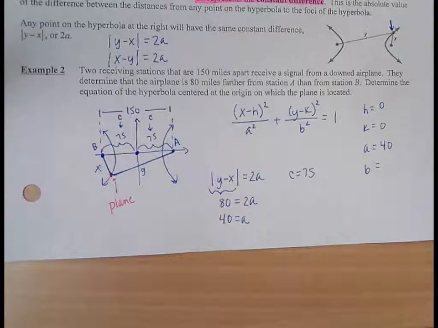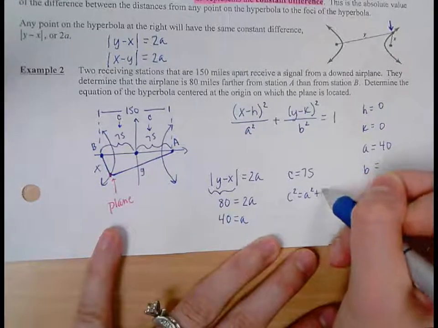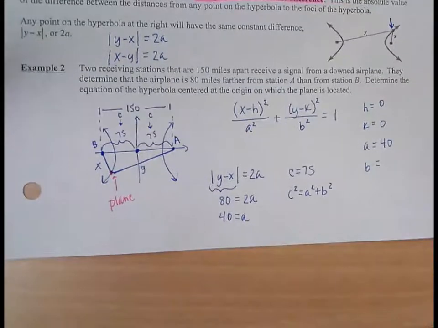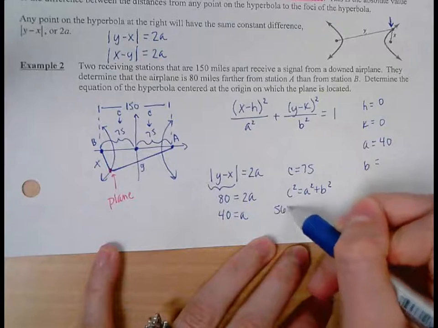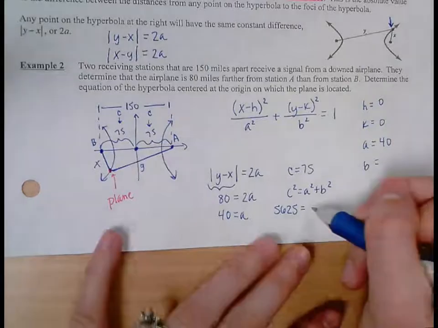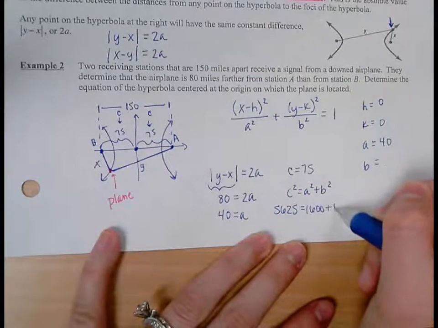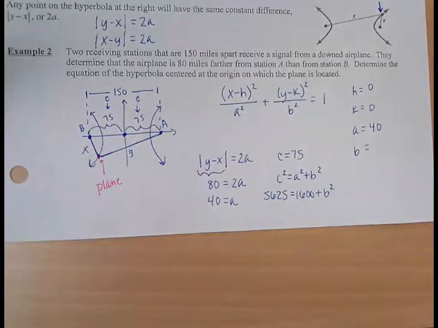Now we can use c squared equals a squared plus b squared to find b. So 75 squared is 5,625 equals a squared, 40 squared is 1,600, plus b squared, and solve for b.